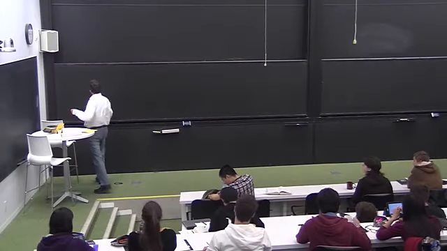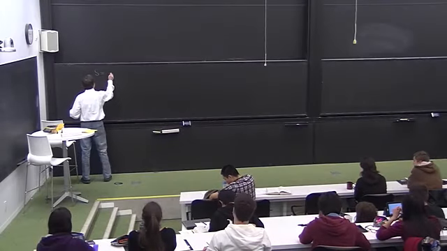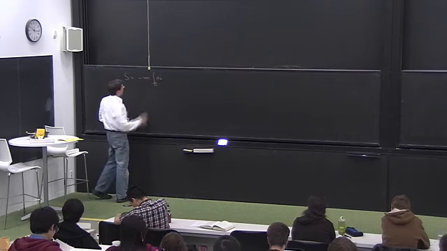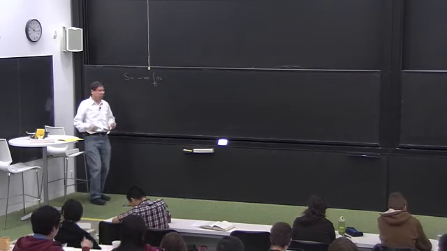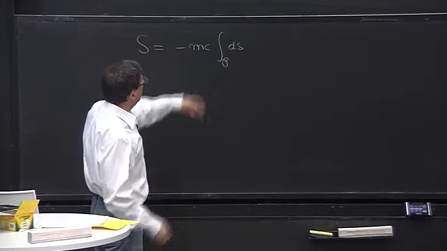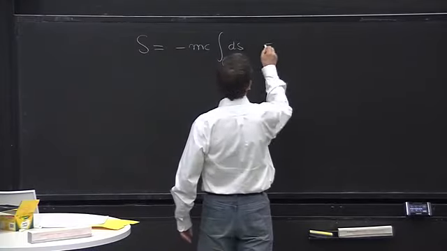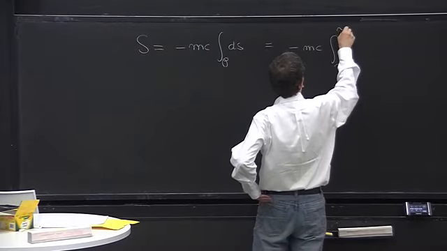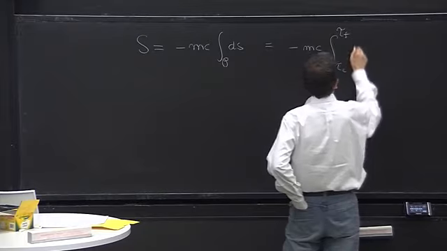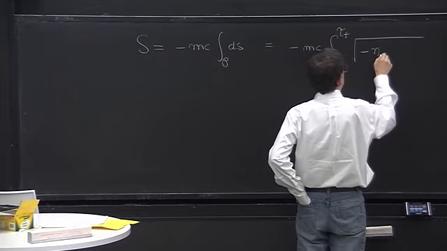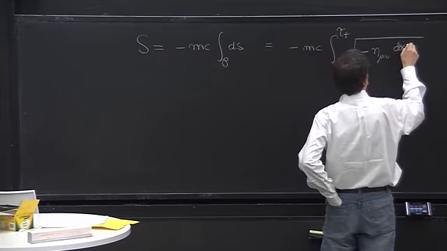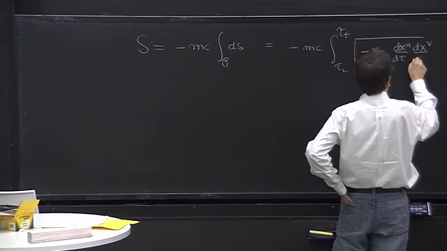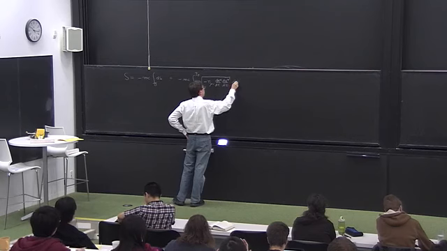An action that was quite elegant. And then, after doing a little work, writing what ds is, was equal to minus mc integral from some parameter, minus eta mu nu dx mu d tau dx nu d tau d tau.